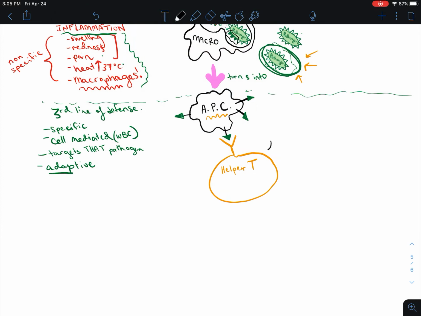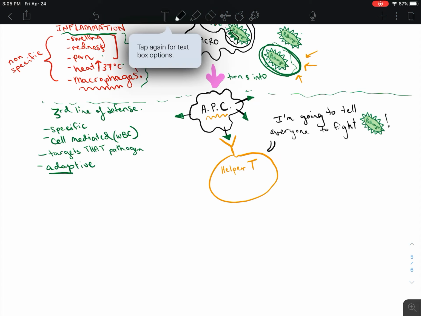So basically the helper T's job is to tell everyone to fight the pathogen. Okay, and that's his whole job, is just to spread the word.